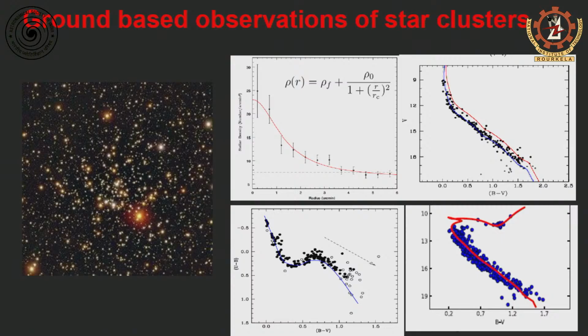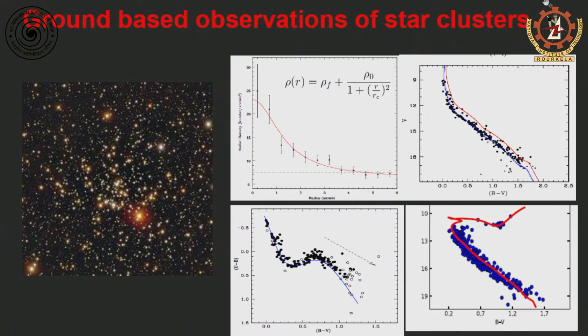Earlier, when we had only photometric observations of the star cluster, we used to see the image, and assuming that this is a spherical distribution of stars, we used to check concentric regions in the star cluster, determine the stellar density and plot it with the radius, and where this density matches your field region density, we assume that is the extent of the cluster, assuming that the whole star cluster is spherical, which is not the case now.